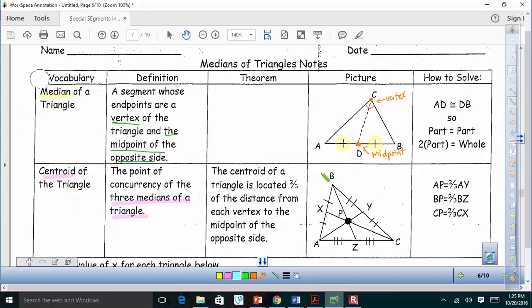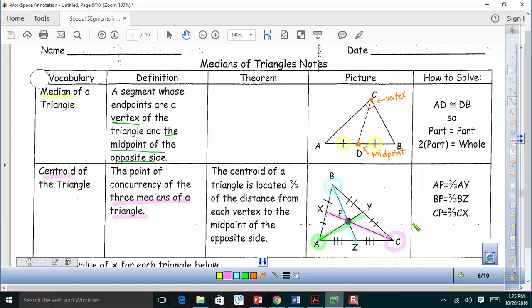So what would one of the medians be here? It's got to be a line, a whole segment. So B to Z is one of them, because it starts at this vertex, goes to the opposite side. What's another one? A to Y. Very good. And the last one is X to C.